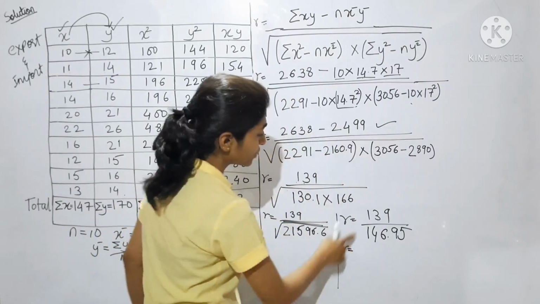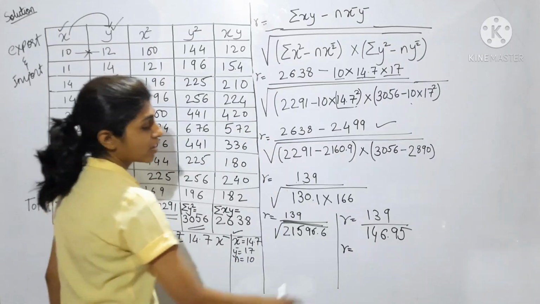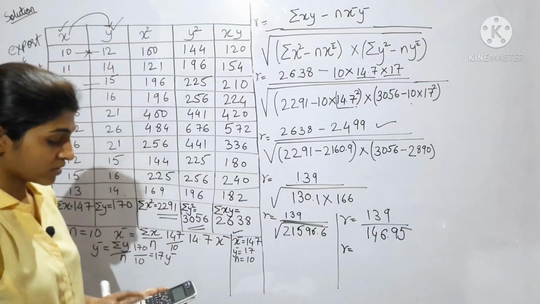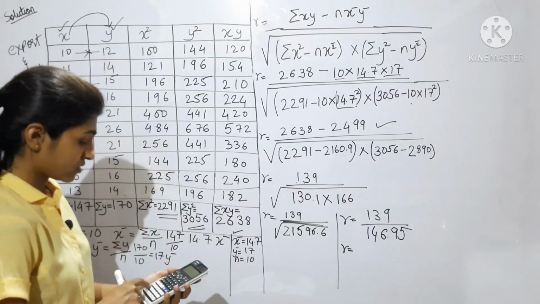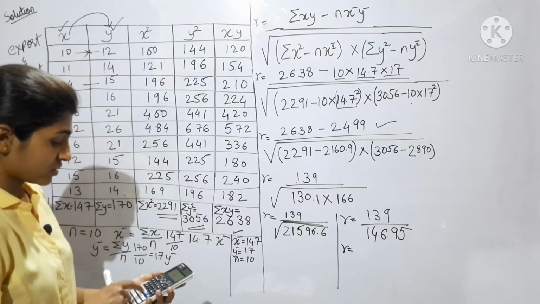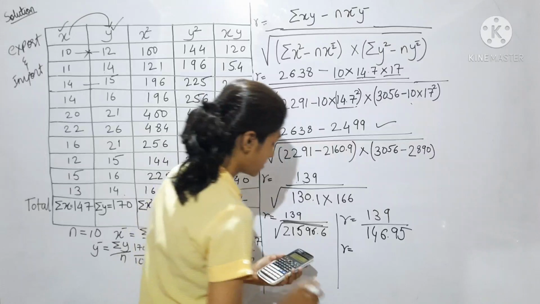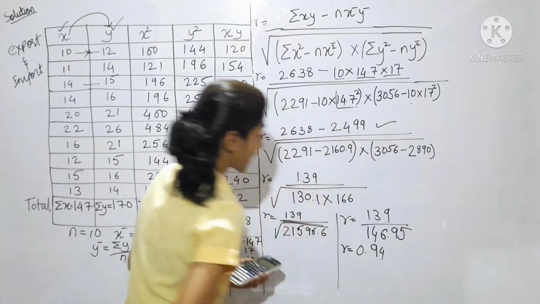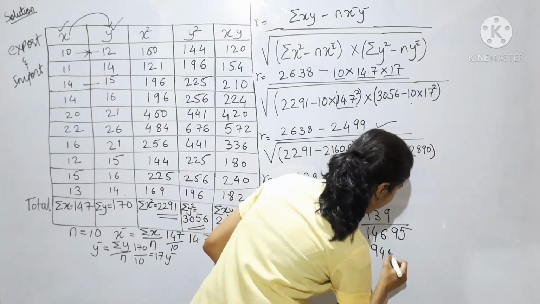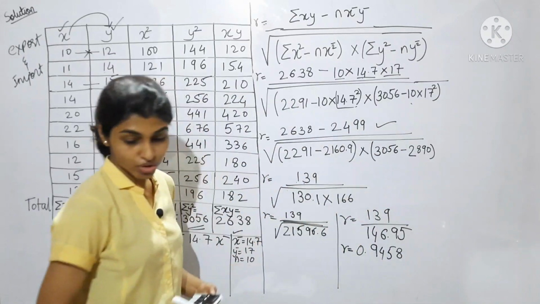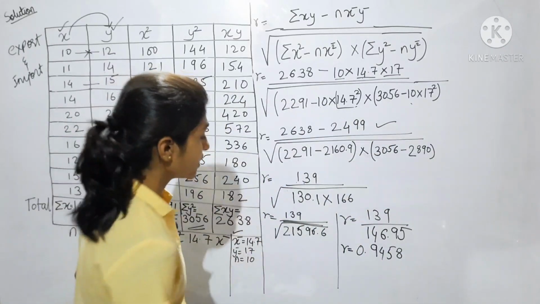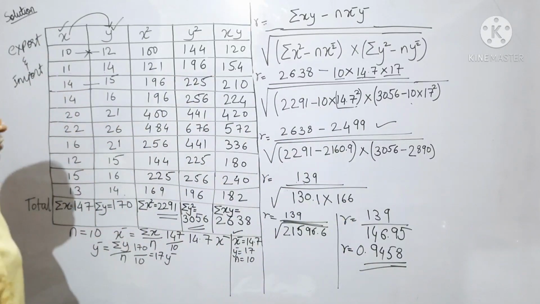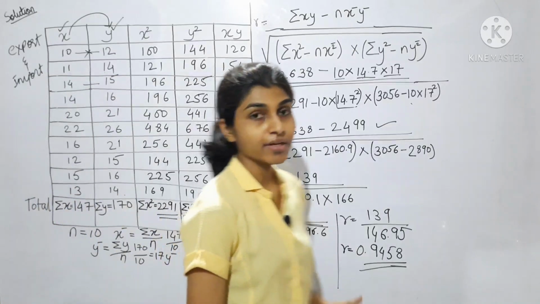R is equal to divide 139 by 146.95, which gives 0.9458. So this is the answer of the coefficient of correlation between export and import.